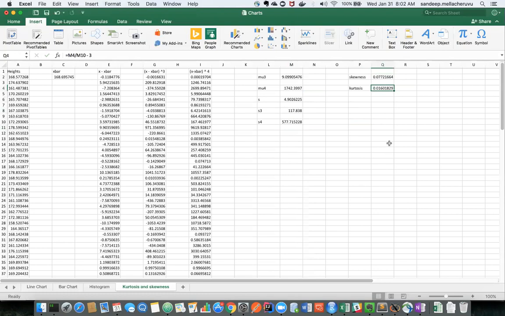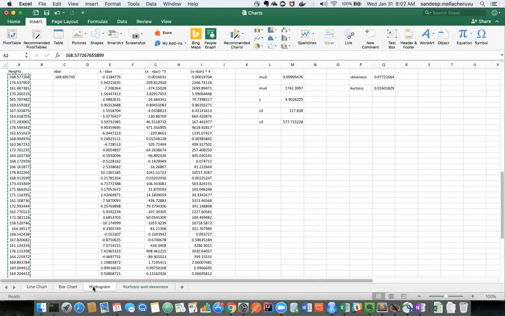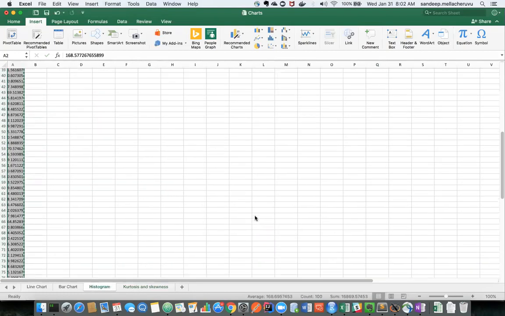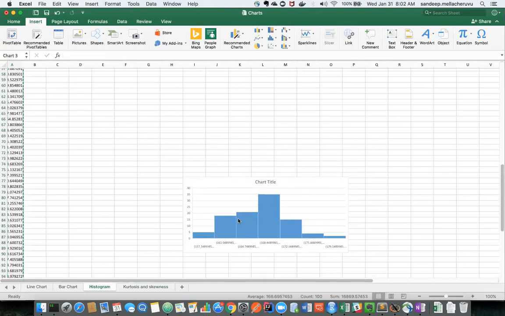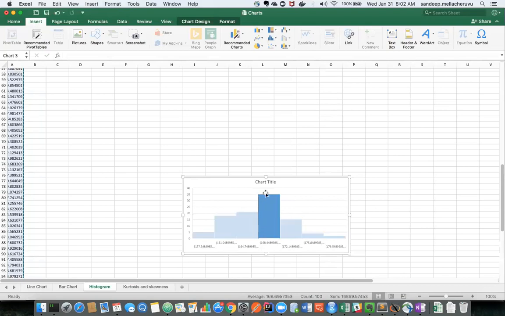But since it is very close to 0, if you plot the histogram, what are you seeing here? This is the histogram, right? In the histogram, you don't see that much leptokurticness, because the central bar, the one I highlighted now, is a little bit more than the others around it.